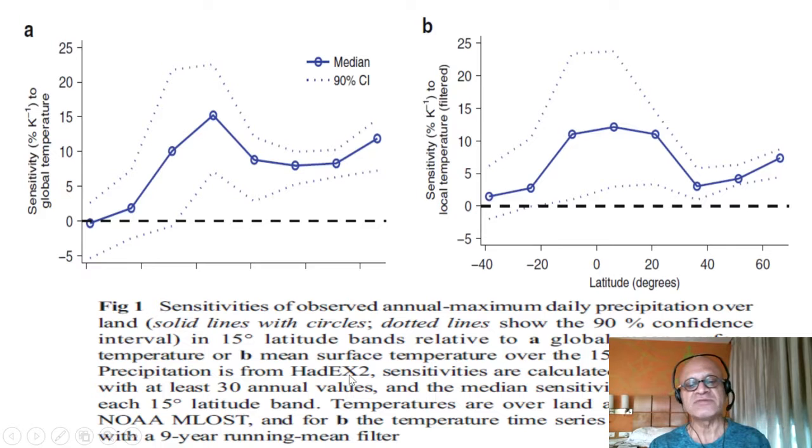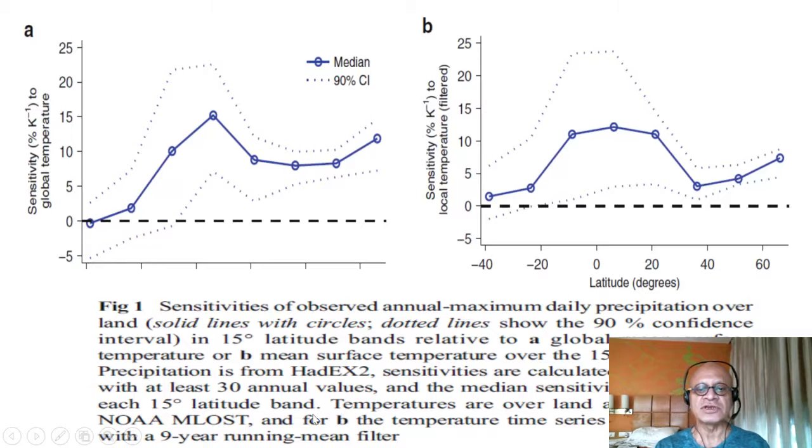The precipitation is from HADEX2. Sensitivities are calculated for grid boxes with at least 30 annual values, and the median sensitivity is plotted for each 15-degree latitude band. I cut off the latitudes here, but it goes from 40 south to 70 degrees north or so.